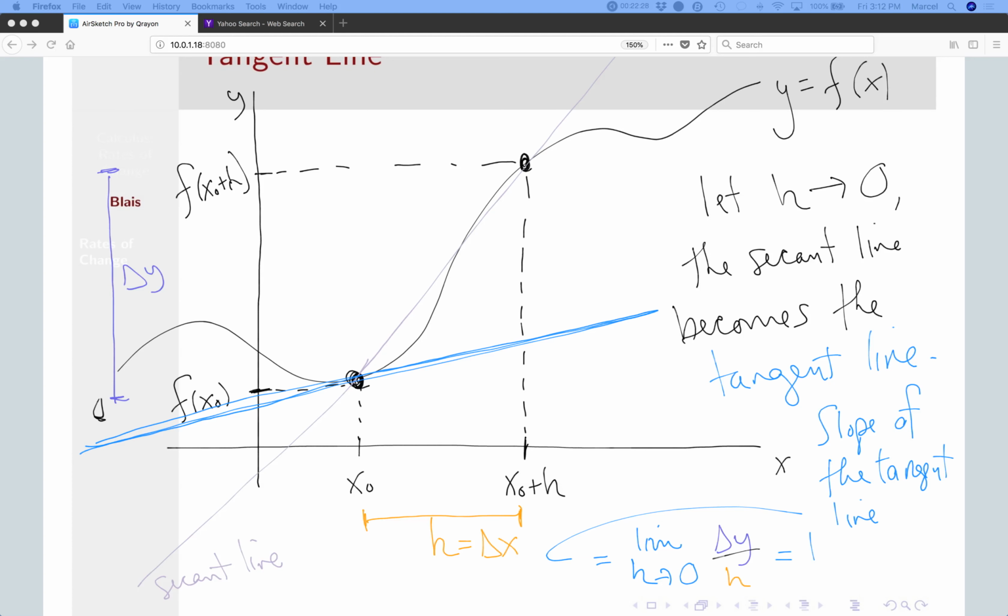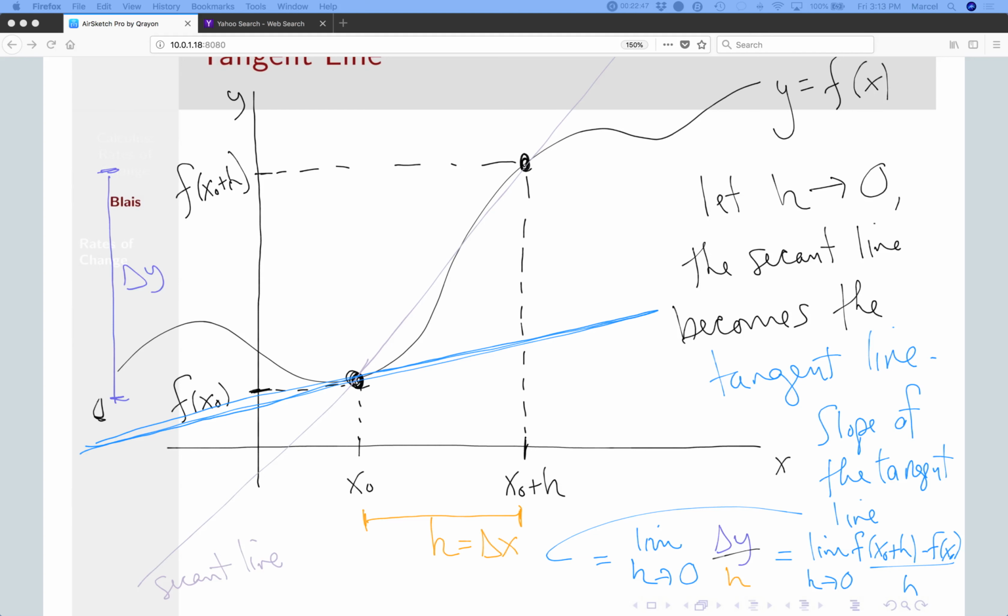So this is the limit as h goes to 0. Our delta y is given by f of x naught plus h minus f of x naught, all over h.